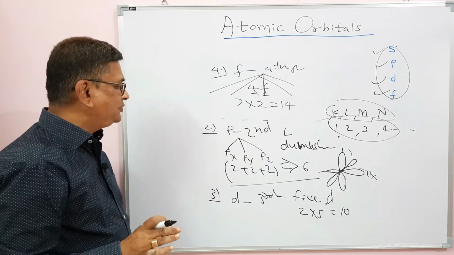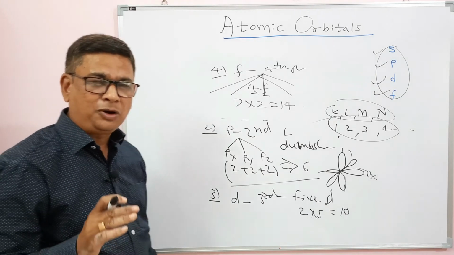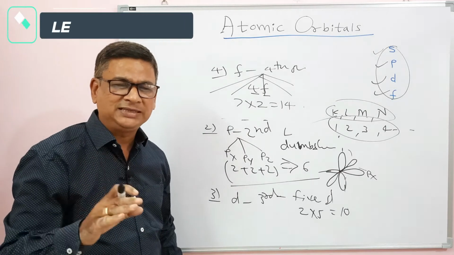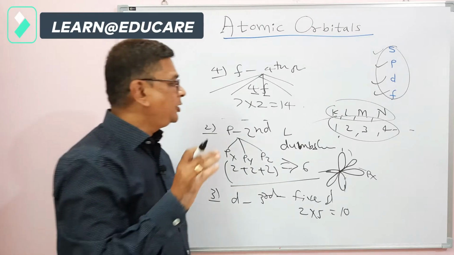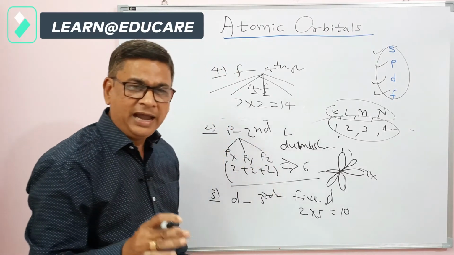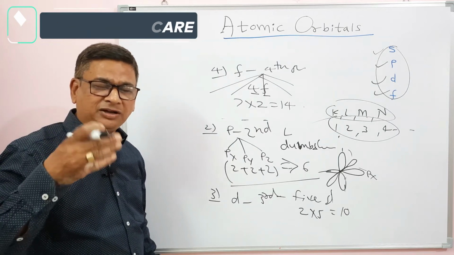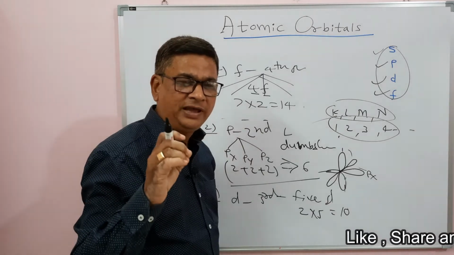And why are all these S, P, D, F orbitals important? Because our modern periodic table, which depends on the law given by Moseley, called Moseley's periodic law, has 4 blocks: S block, P block, D block and F block. They are classified depending on where the last electron goes.